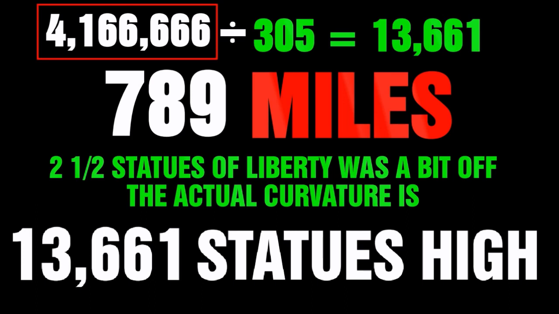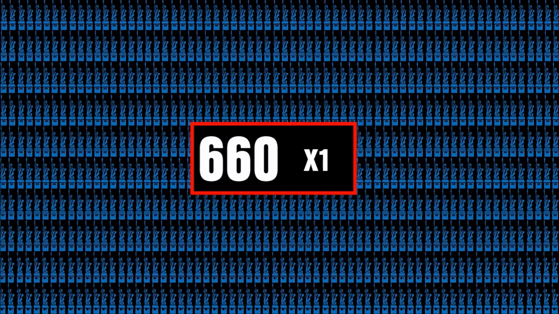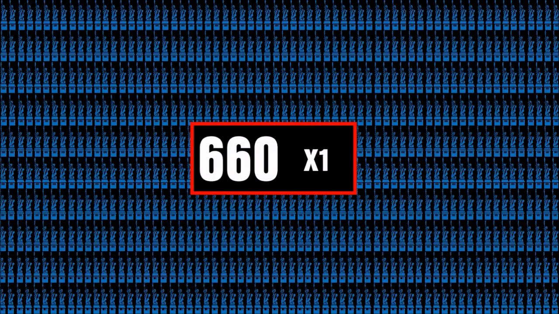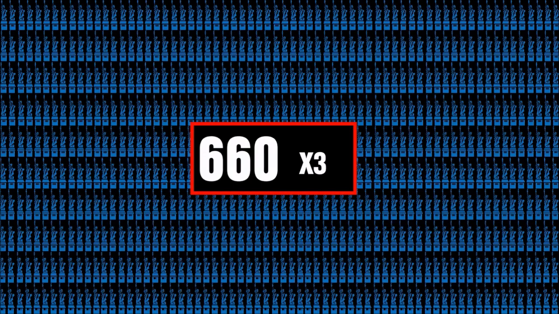So let's look at how many statues 13,661 is. Now, on this first image, you'll see we have 660 statues of Liberty, 10 down, 66 across. Remember, we are stacking these statues of Liberty on top of each other to get the curvature between California and Hawaii. So we've got pages of 660, multiply that by 20 pages. At the end, we'll add 451 statues.